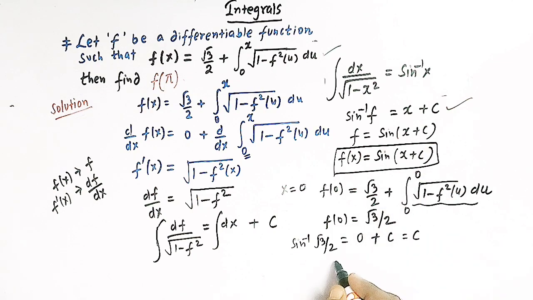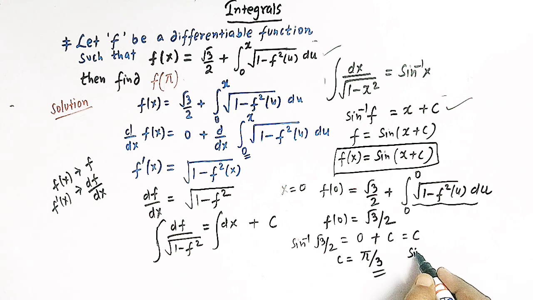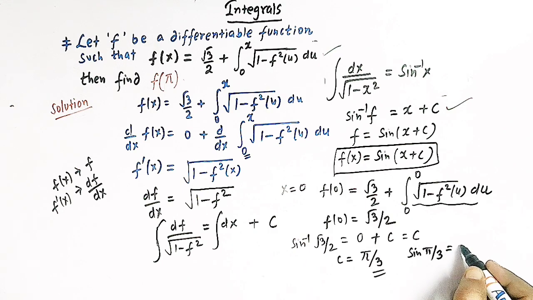So we have c is equal to sine inverse square root of 3 over 2, which is equal to pi over 3, right? So sine 60 degrees, that is sine pi by 3, is equal to square root of 3 over 2.